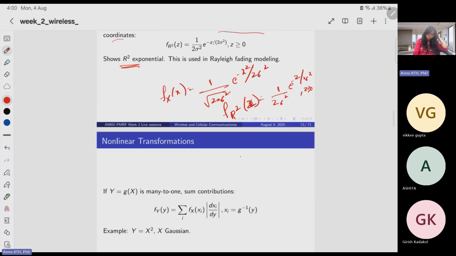So the Rayleigh distribution is only for z greater than or equal to 0. So e power minus z by 2 sigma square, and it is not square, it is exponential. So even Gaussian signals are exponential in nature.